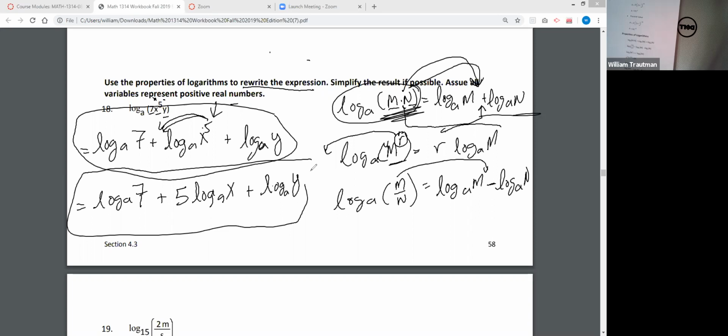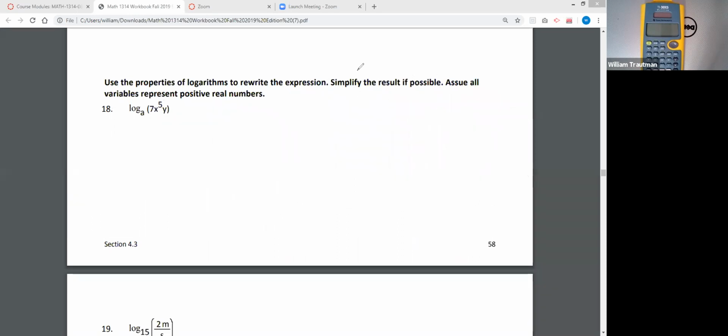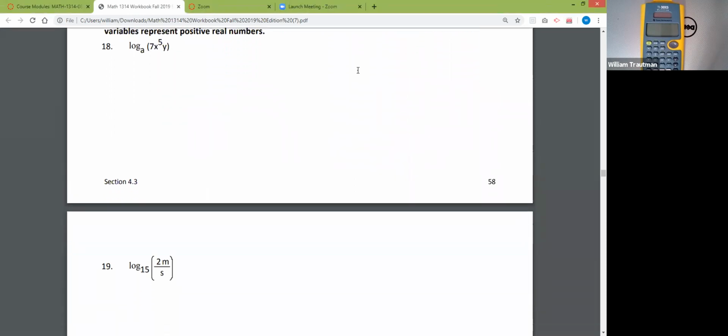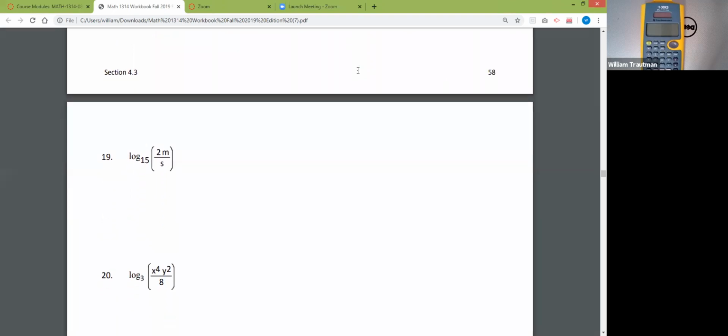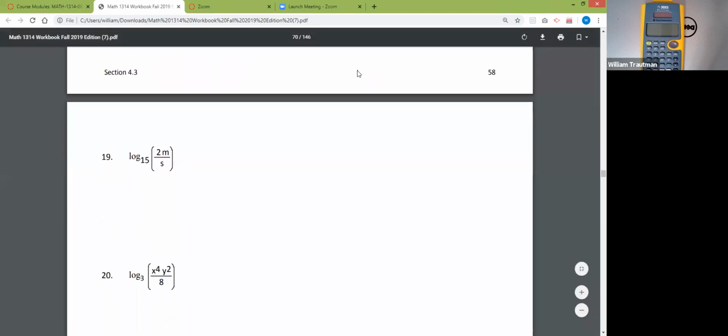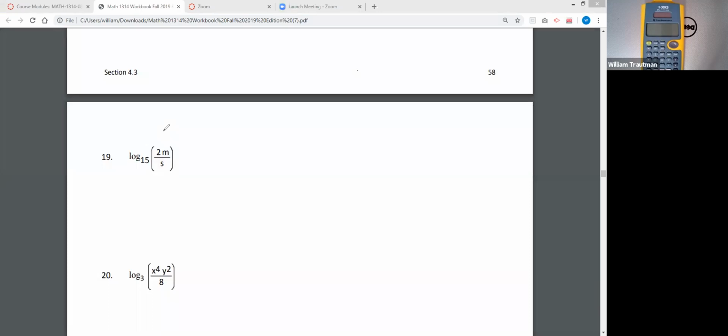All right, so let's try it again. Next problem. If I have a fraction that's dividing, I change it to two logs that are subtracting.